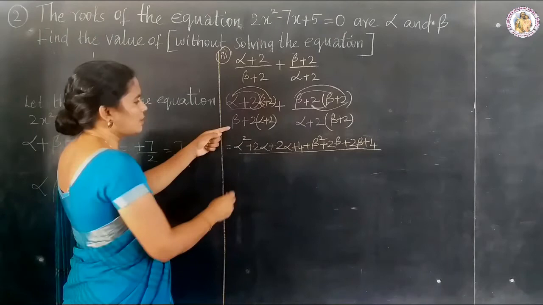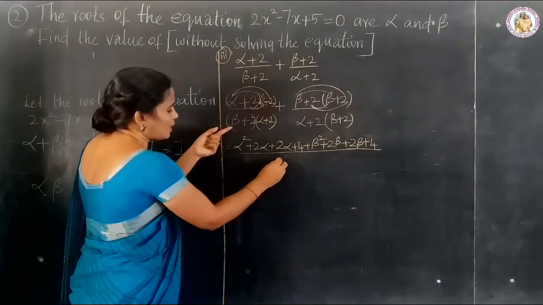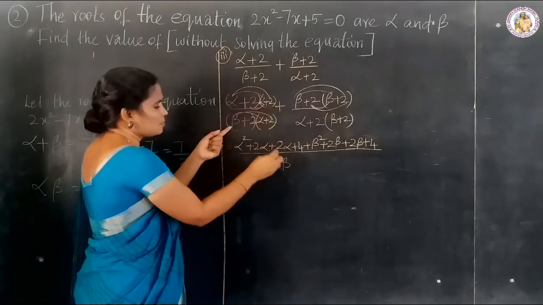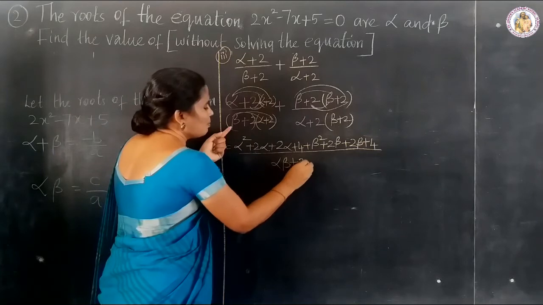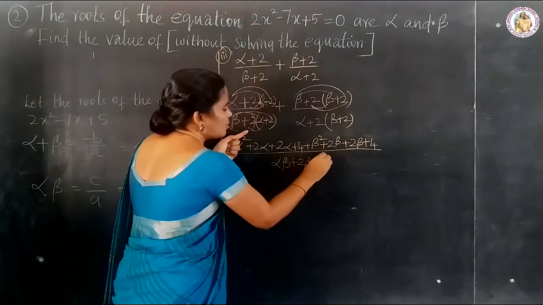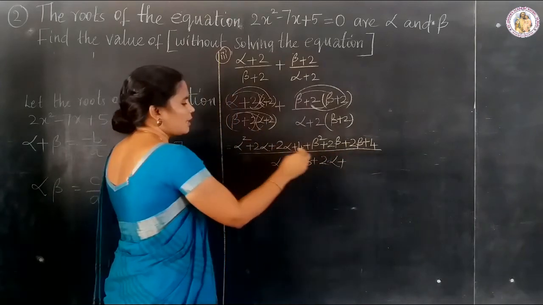And the denominator: multiply beta into alpha, alpha beta, and again beta into 2, 2 beta, and 2 into alpha, 2 alpha, plus 2 twos are 4.